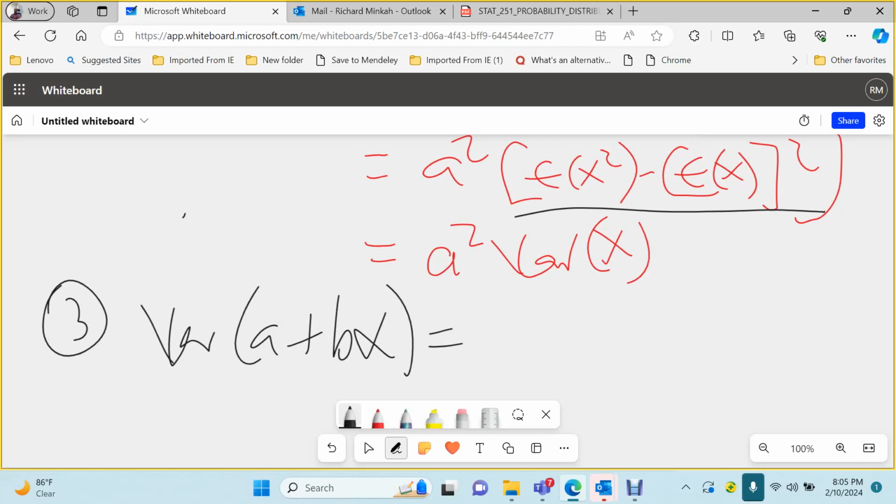It will be b squared variance of X. Remember, variance of a constant is 0. Variance of bX is like variance of aX that we just did up here. So that would be b squared variance of X.